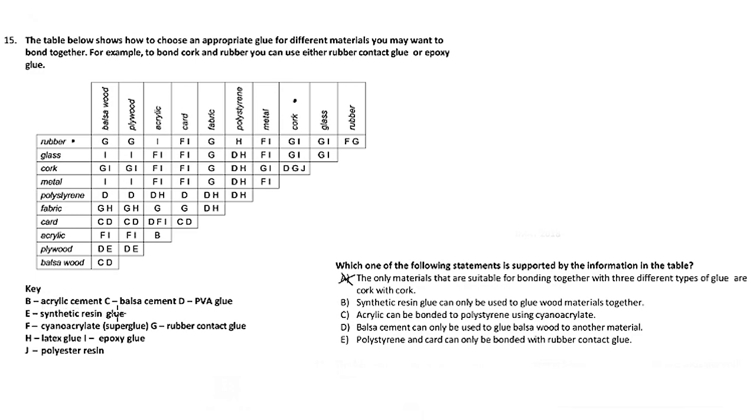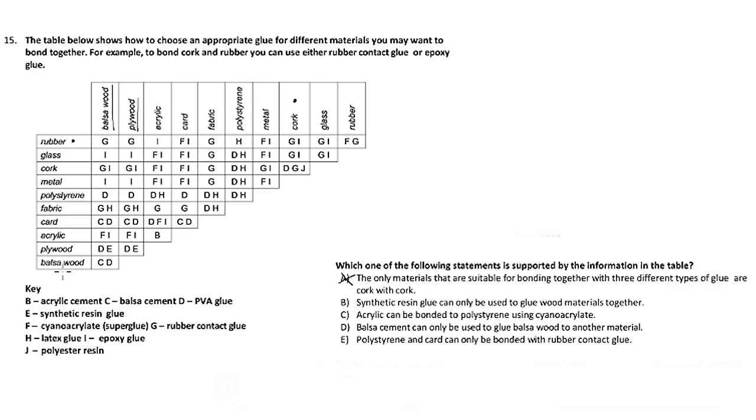The synthetic resin glue is letter E. And we have to find if the synthetic resin glue can only glue together wood materials. So the wood materials are the balsa wood, we have the plywood, and essentially that.